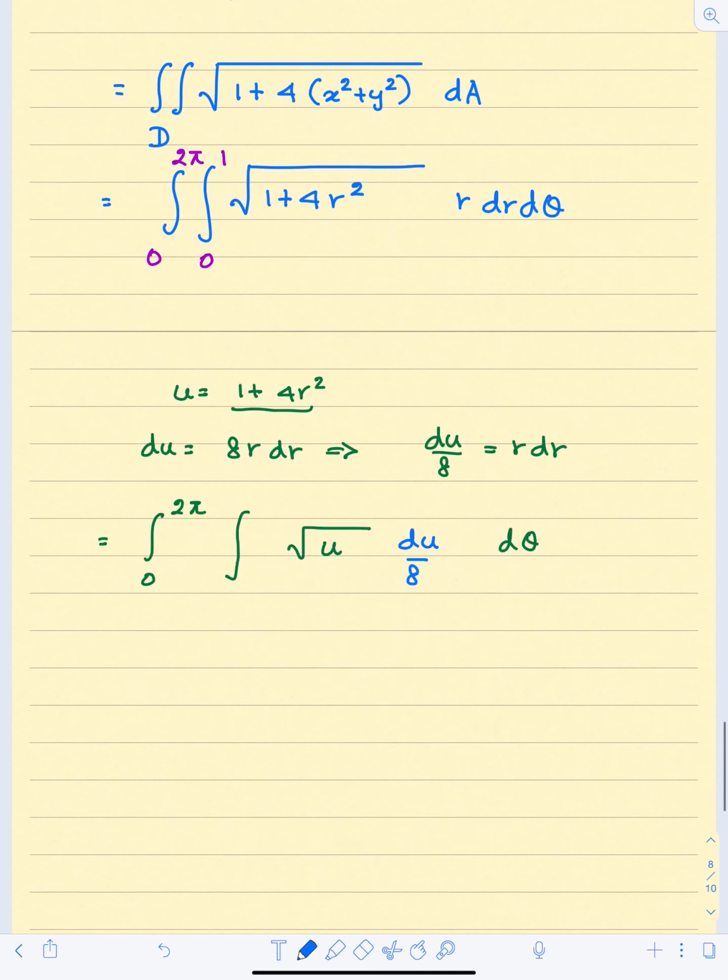At this point we need to figure out the new limits for this inner integral, because we changed our variable. Initially we had the variable r, but now we have the variable u.